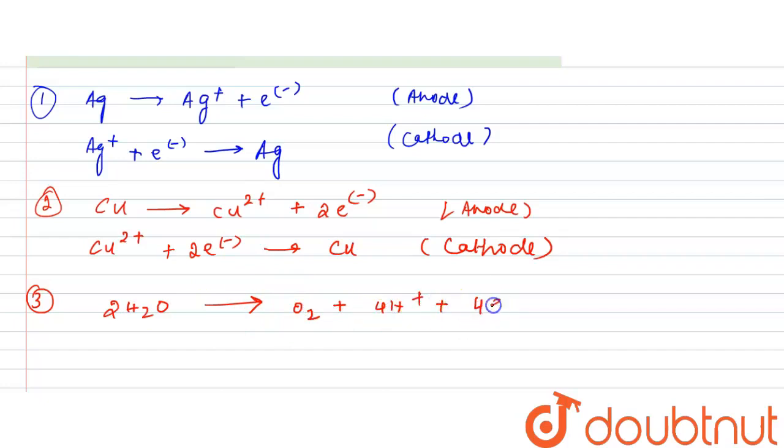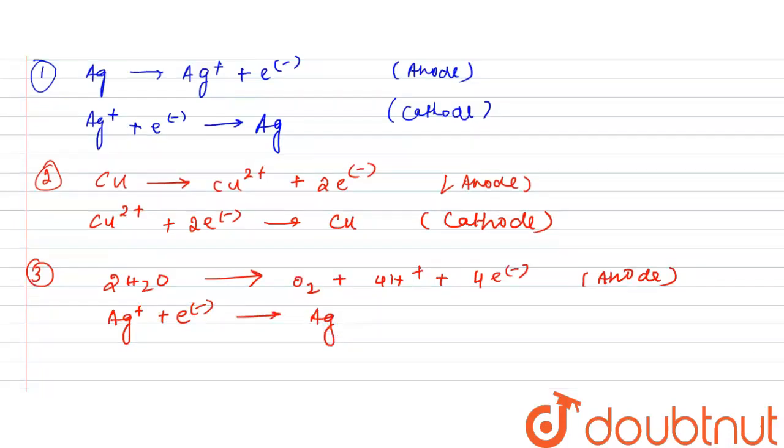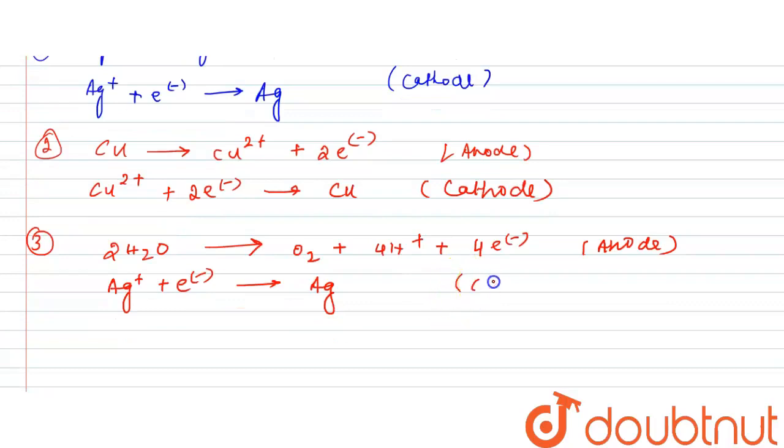You can see it is a balanced chemical equation, and this is the reaction which takes place at anode. At cathode, cations will migrate towards cathode, so Ag plus will migrate and reduction reaction will be performed and Ag will be deposited on cathode. So these are the two reactions of anode and cathode in the third case, where gold is the inert electrode, right? Oxygen is evolved at the anode.